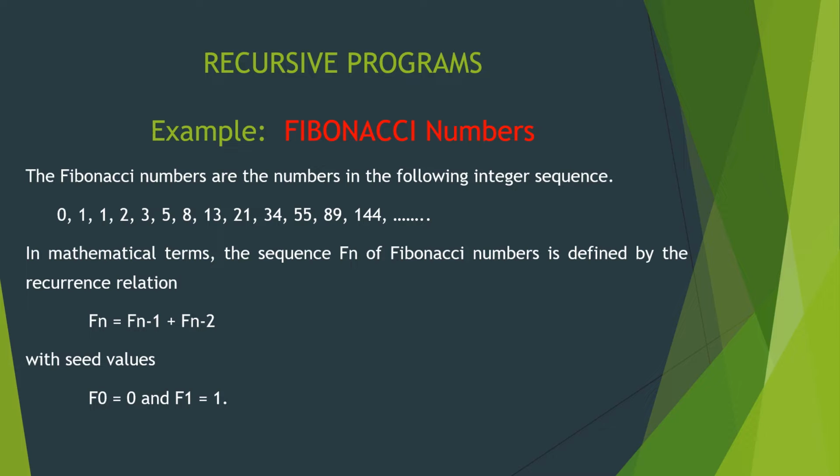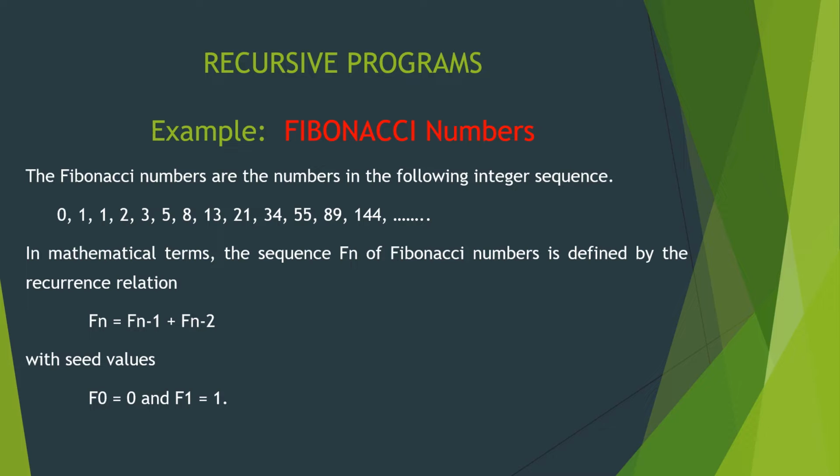So initially we put two values, one 0 and the other 1. Then the third value is obtained by adding those two previous values. For example, 0 plus 1, the next term is 1. Then to find the next term, we add the previous values, 1 plus 1, that is 2.